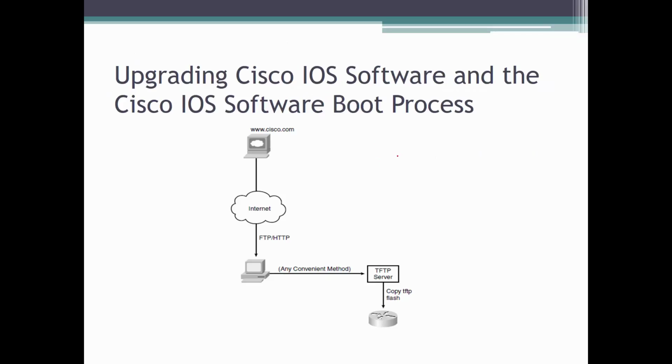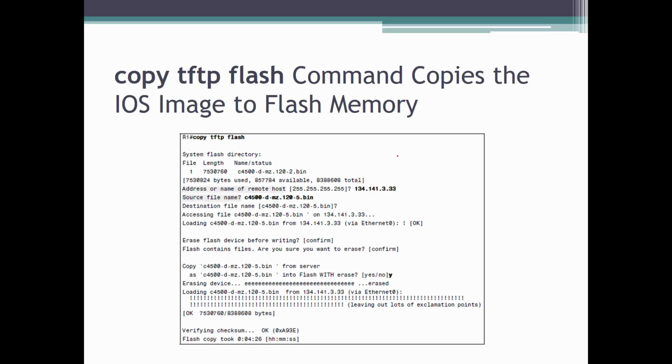So, upgrading the Cisco IOS software and the boot process. You can do this by downloading the appropriate software from Cisco's website, whatever you bought. You get it to a TFTP server, and then you can copy the file from the TFTP server with the copy tftp flash command.